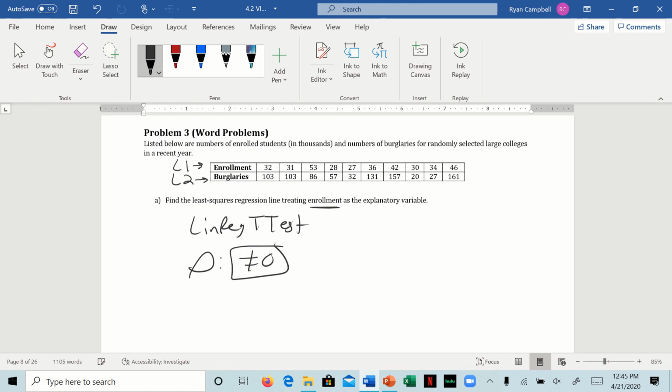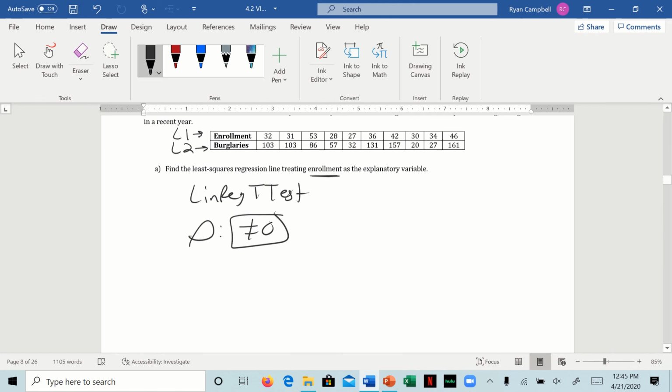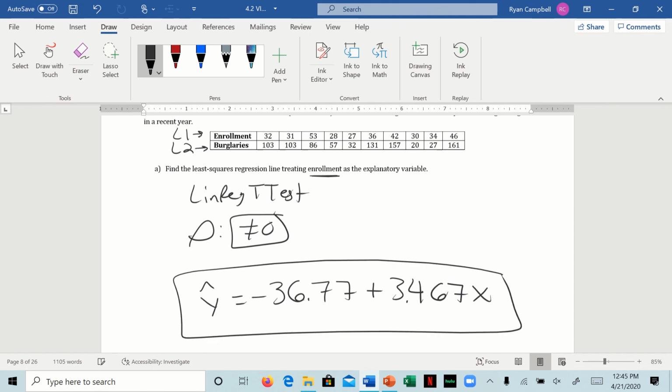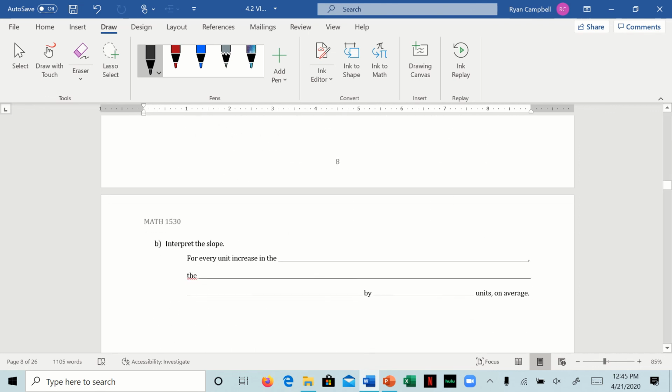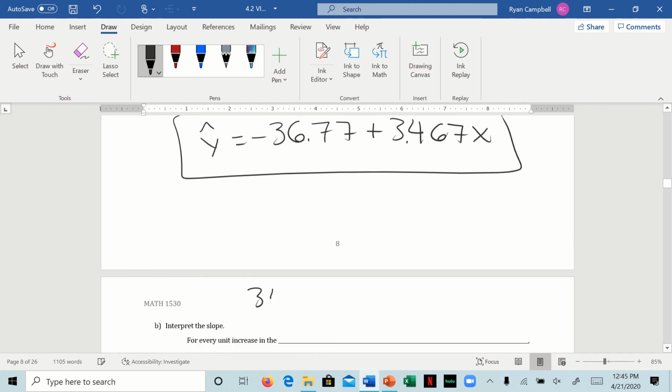That's true. So after we hit enter, we see that our least squares regression line is going to be negative 36.77 plus 3.467x, the whole thing. So looking at slope, we said slope was 3.467, right?